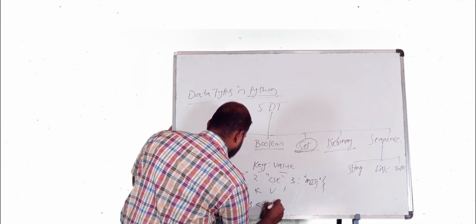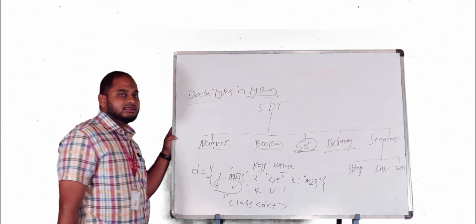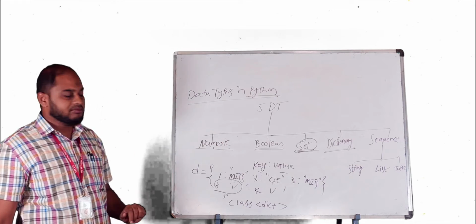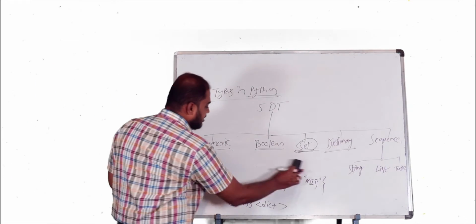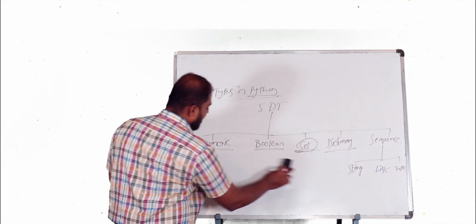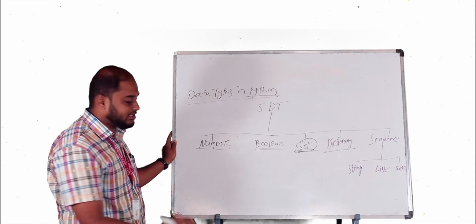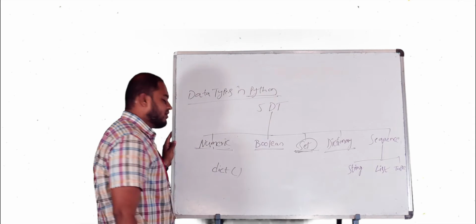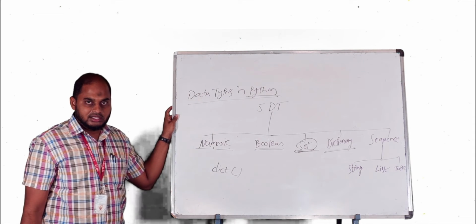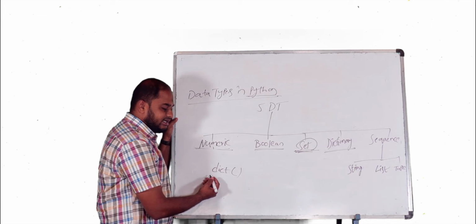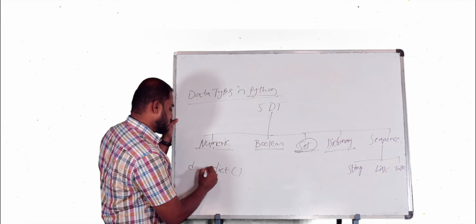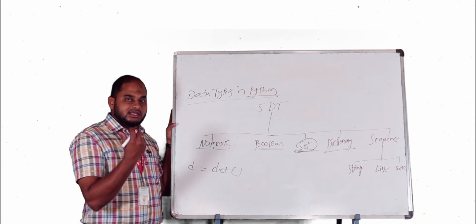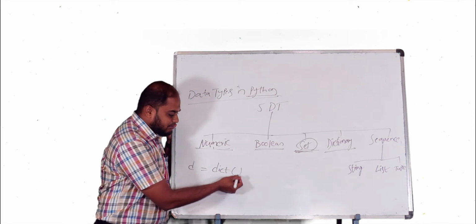Similarly, for the dictionary data type, you can also use a built-in method. Just as for set we used a built-in method, there is a built-in method to create dictionaries, that is dict. D is equal to dict, and the arguments you want to give in the form of key-value pairs can be passed here.